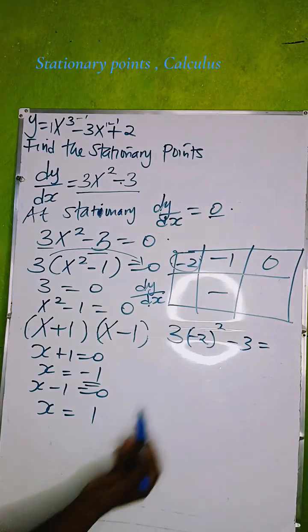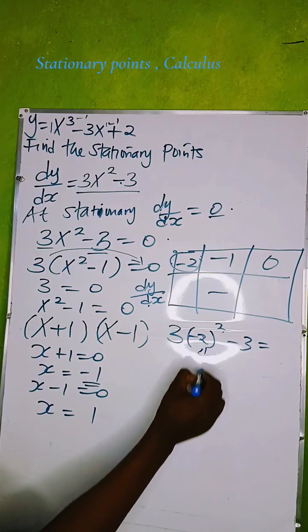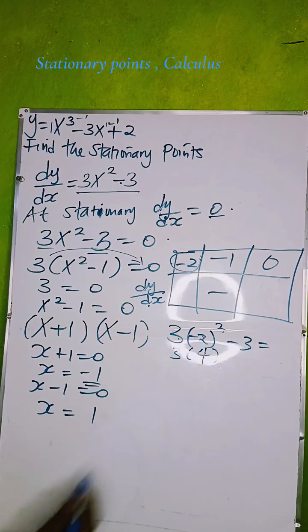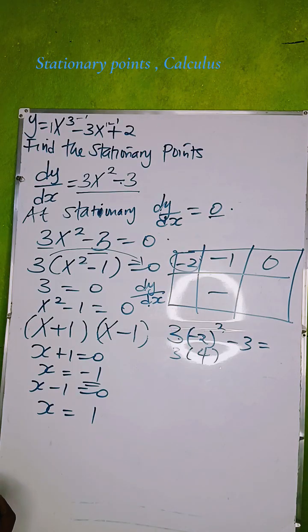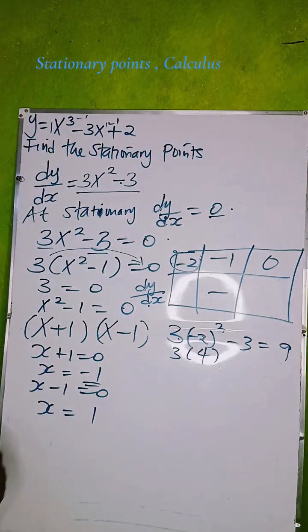Negative 2 squared is negative 2 times negative 2, which is 4. 4 times 3 is 12. 12 minus 3 gives us 9.